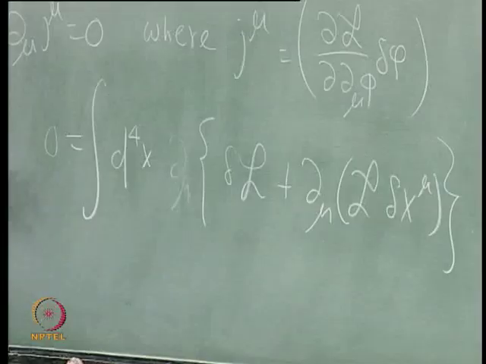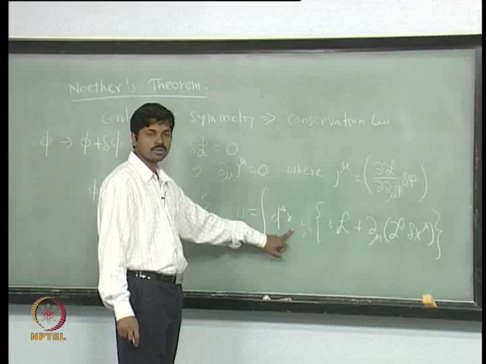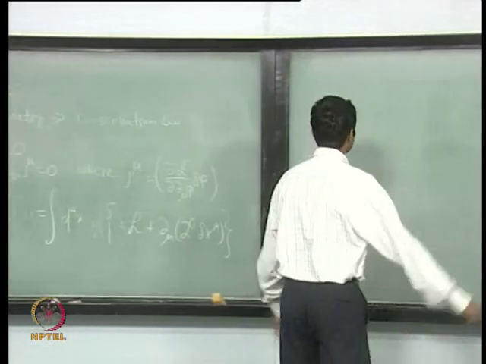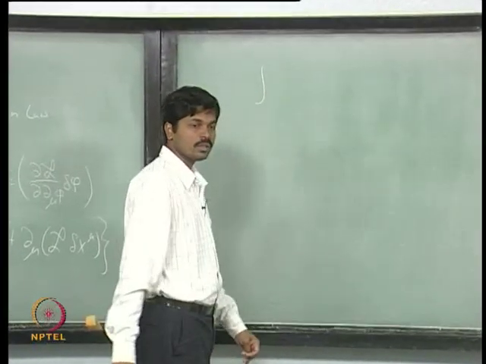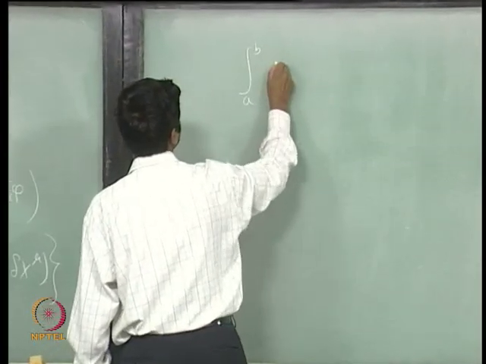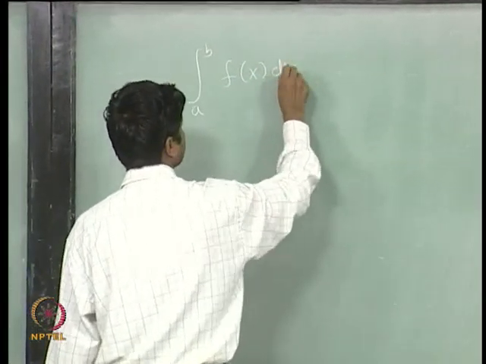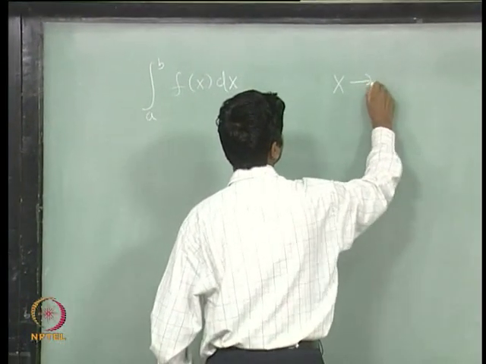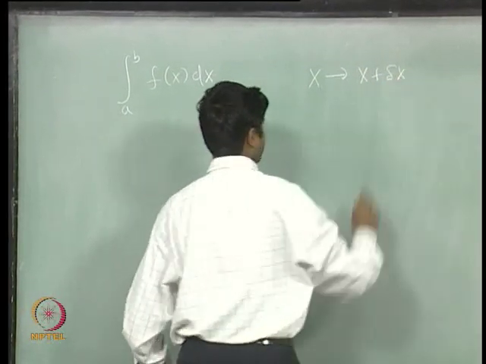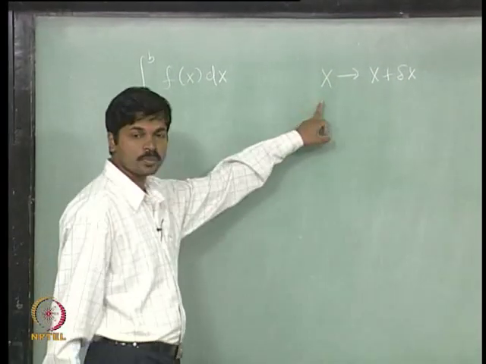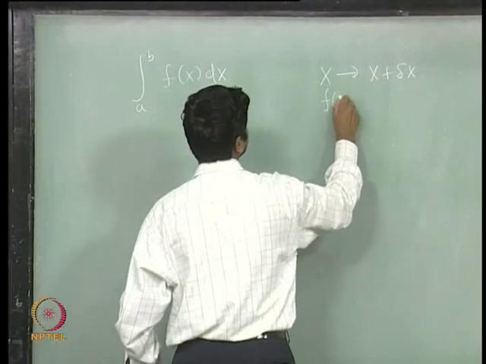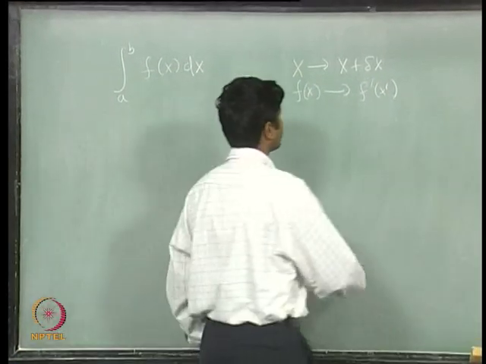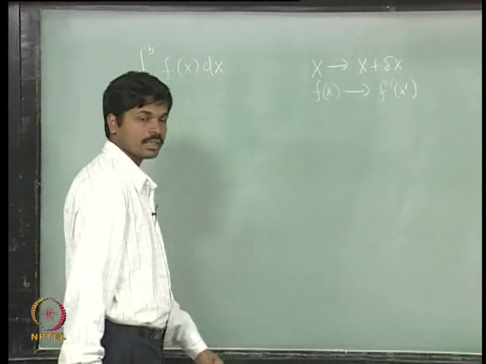So, to see why the invariance of the action leads to a condition like this, let us consider a simpler one dimensional case. Consider this integration in one dimension from the interval a to b of f of x dx. Let us make a coordinate transformation, x goes to x plus delta x, and let us assume that under such a transformation the function f of x goes to f prime of x prime, which is again f of x plus delta x and so on.